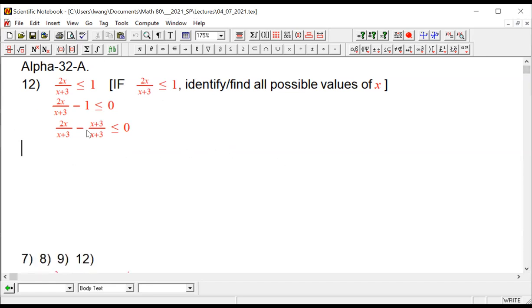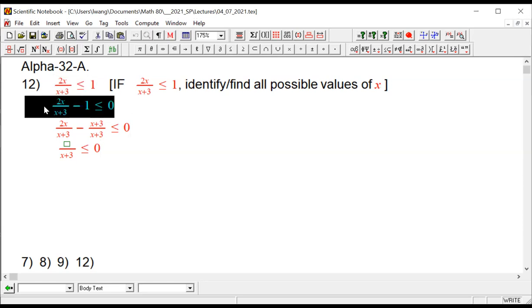All right. And then what do we do? Now we have the same denominator. I'm going to wait for you guys to give me the answer. So there's still no switching. Basically, you read it as: if this is true, then this.